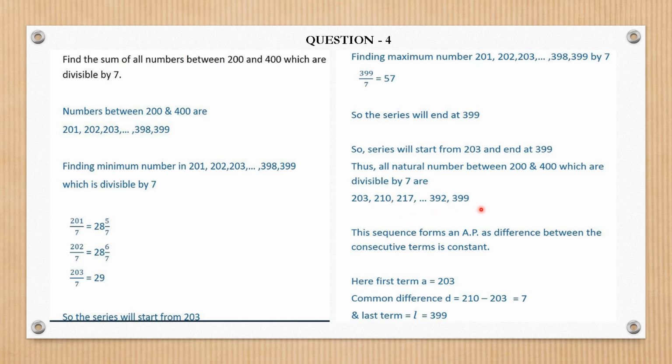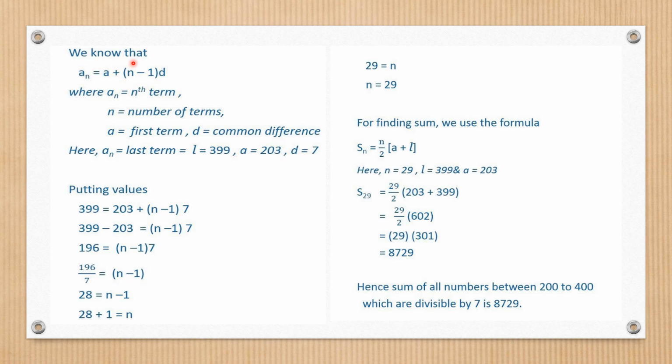Now it is an AP with first term 203, last term 399 and common difference 7. What is an? an is a plus (n minus 1) d. The last term is 399, this is my first term, (n minus 1) times 7, and after solving it I'll get n as 29.